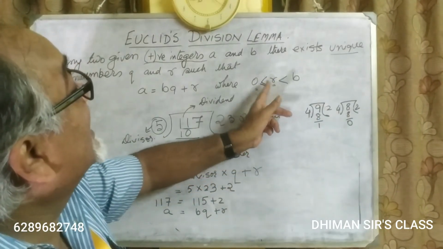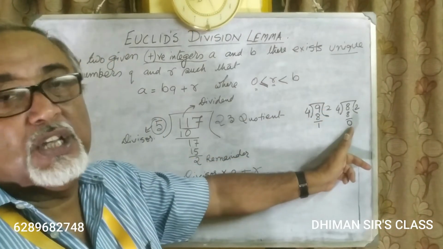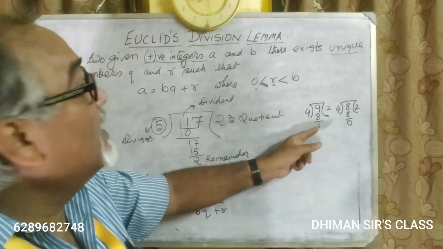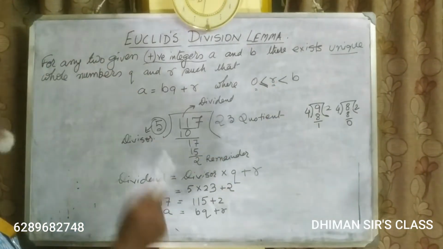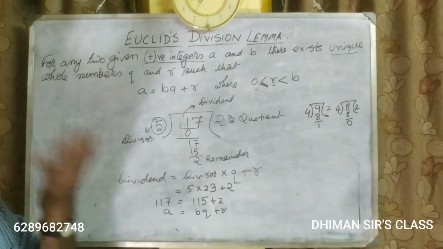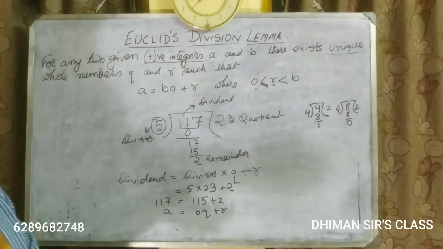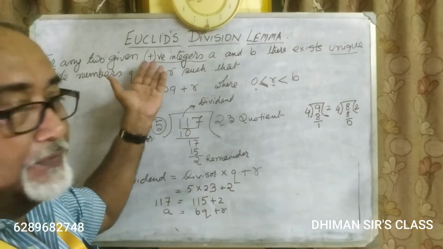Remainder should be greater than or equal to 0. Remainder is 1, greater than 0 or equal to 0. So remainder will never be less than 0. If it is negative, obviously it will become less, so that cannot be. Therefore we have taken positive, not negative.